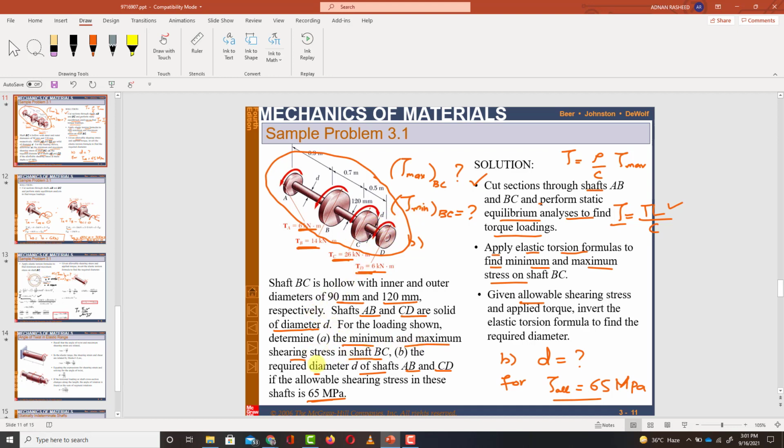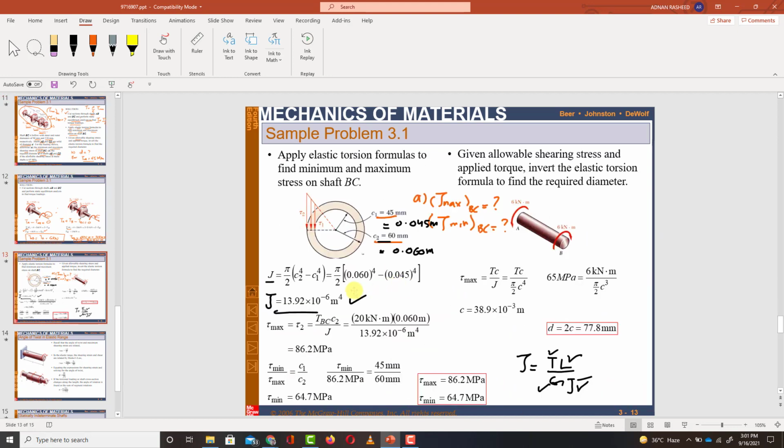Okay, there is missing data about G. So let us assume that it is a steel shaft or any other material.